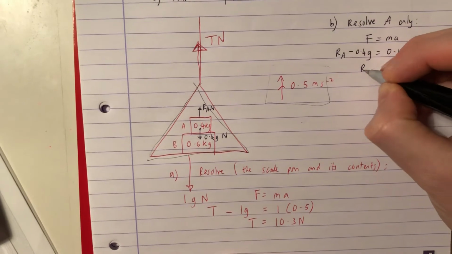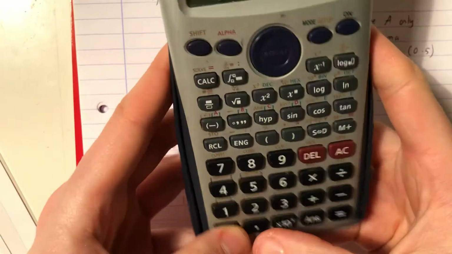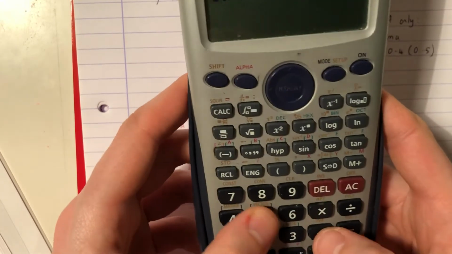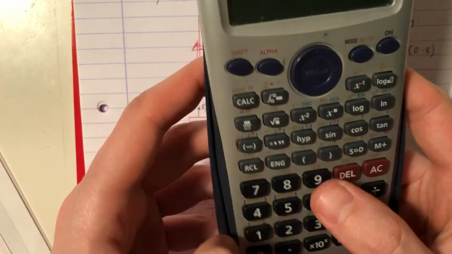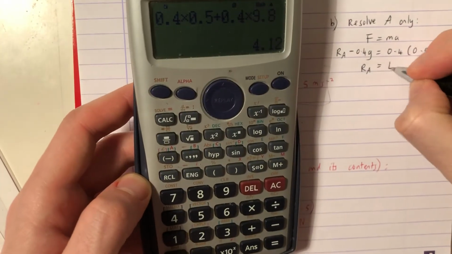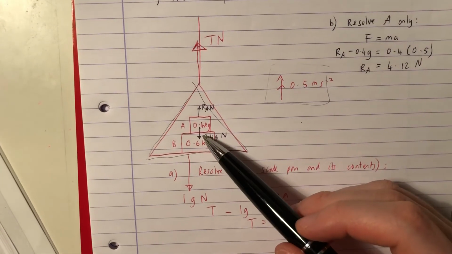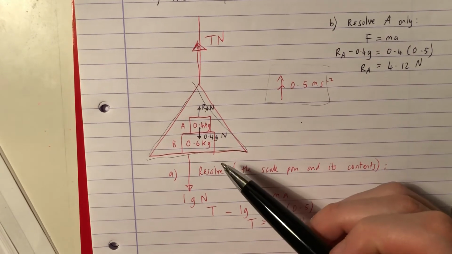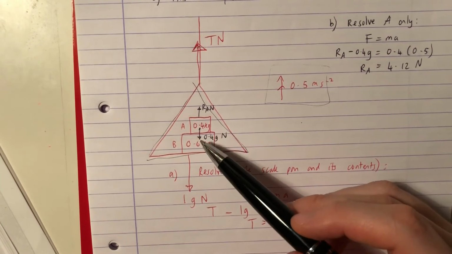And if you make Ra the subject, you would do 0.4 times 0.5 plus 0.4 times 9.8, which is 4.12 newtons. And that is the force that B exerts on A, which is exactly the same as the force A exerts on B.